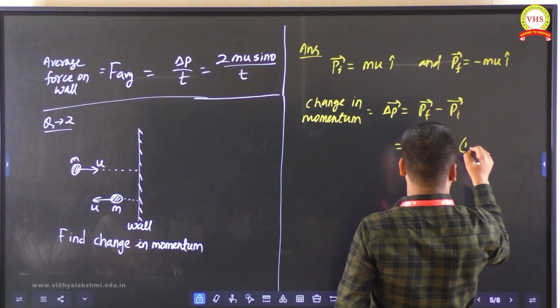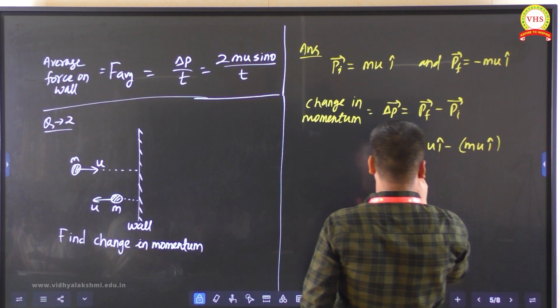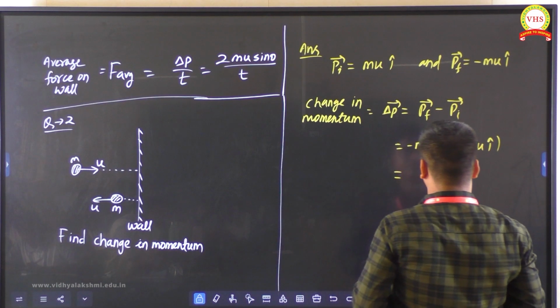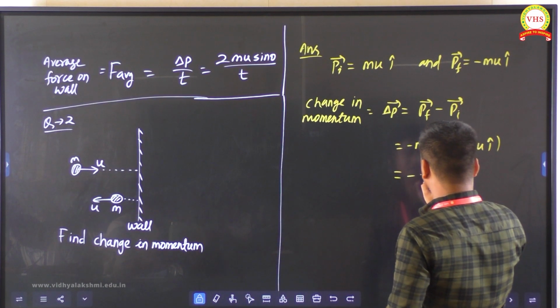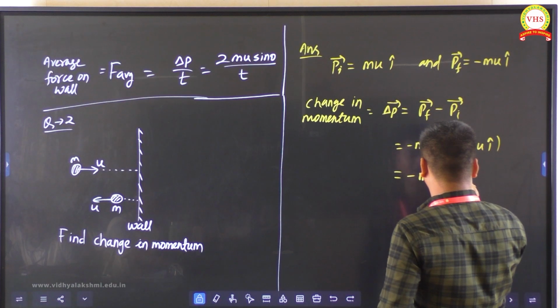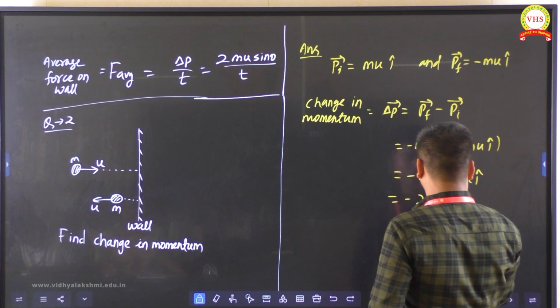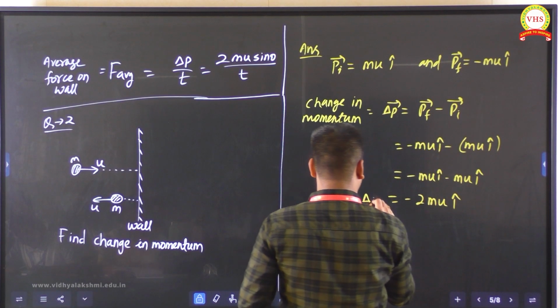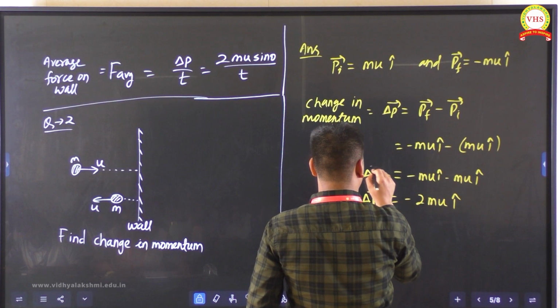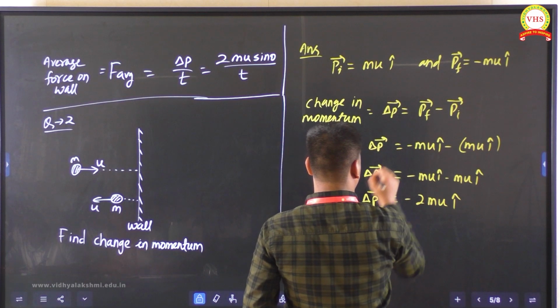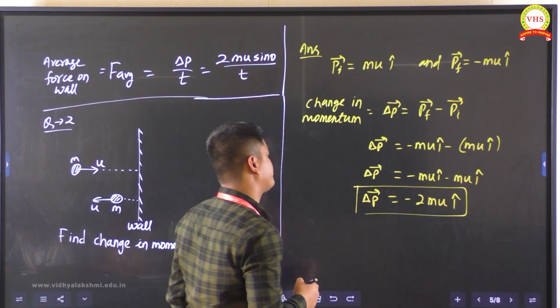Now what will happen? You say here minus minus mu i cap, minus mu i cap. So I write it is minus 2 mu i cap. This is your change in momentum, minus 2 mu i cap.